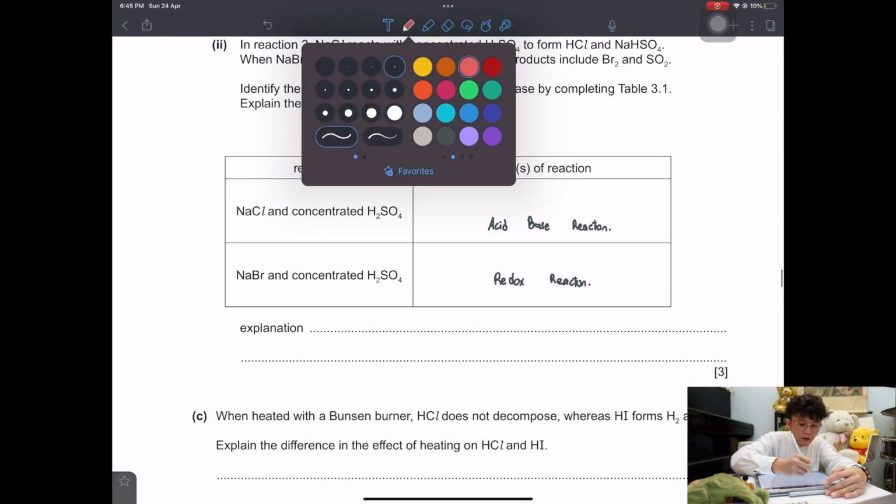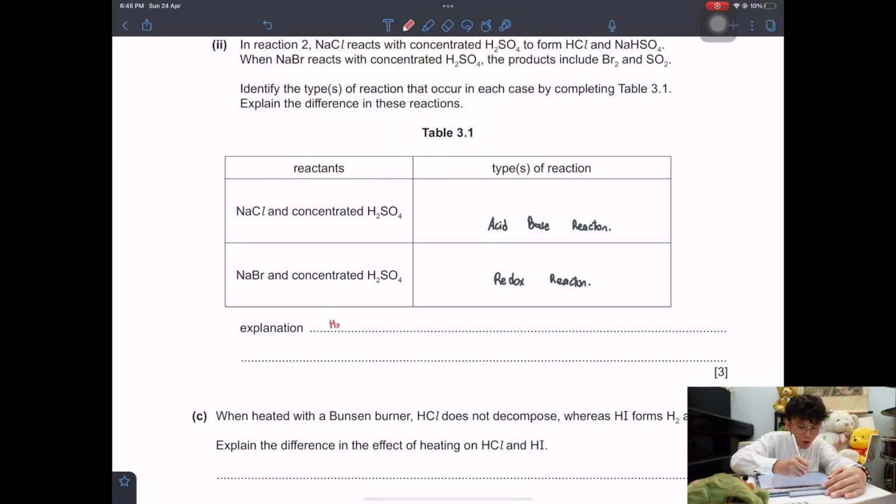Okay, why is it so? For the reason, you can mention that H2SO4 cannot oxidize NaCl, or Cl-, but can oxidize Br- because H2SO4 is a stronger oxidizing agent than Br-, right?